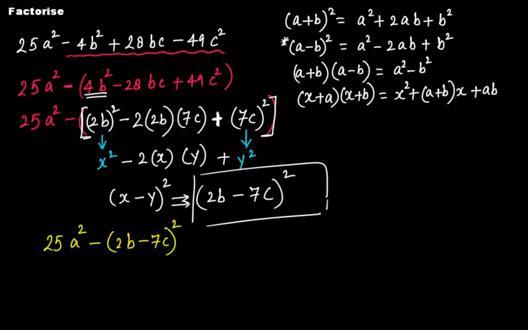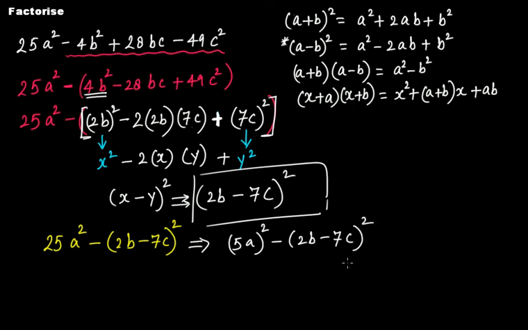Now this 25a squared can be written as (5a) whole squared, then this is minus (2b minus 7c) whole squared, right?